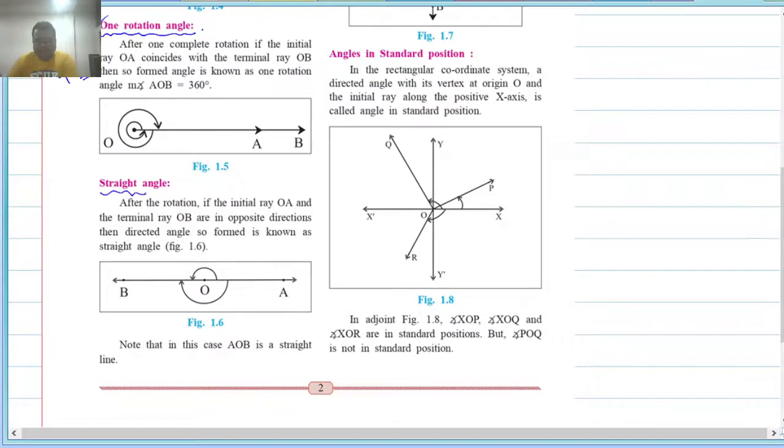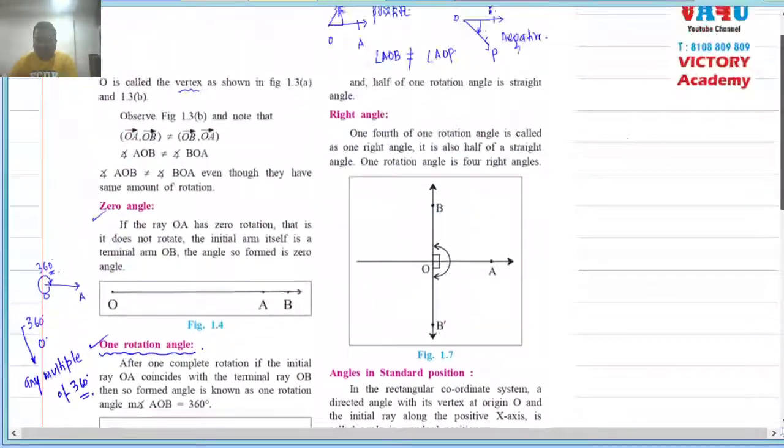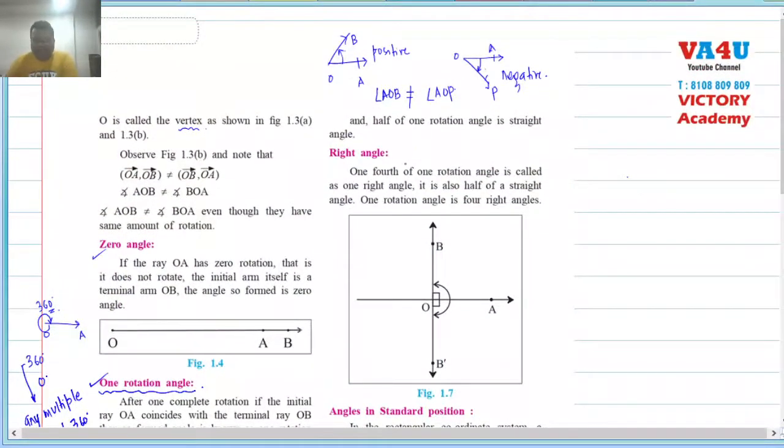Then you have a straight angle. Straight angle will be half of rotation. Okay. But if I consider angle AOB like this, then this will be positive. So it will be plus 180. And if I consider angle AOB like this, it will be negative. So it will be minus 180. But it will be a straight angle. Okay. Then you have a right angle.